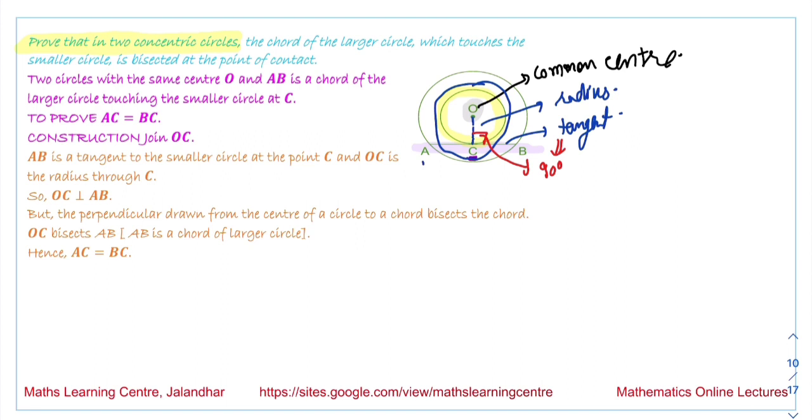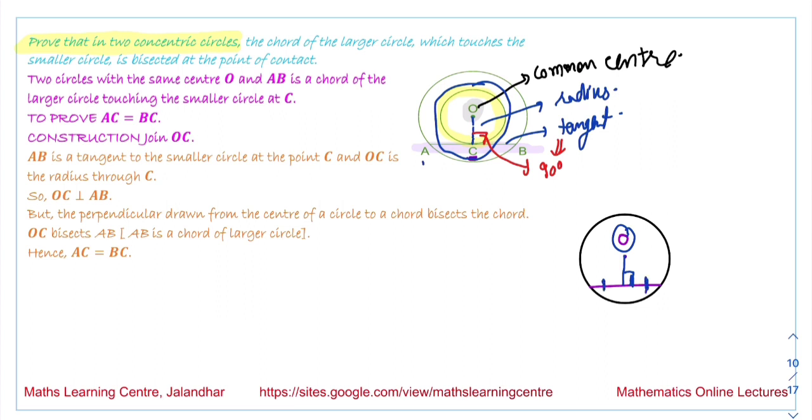Now look at the larger circle. This is the center of this circle, and this is the chord we are talking about. We have drawn a perpendicular from the center on this chord, and we know that the perpendicular from the center on the chord bisects the chord.